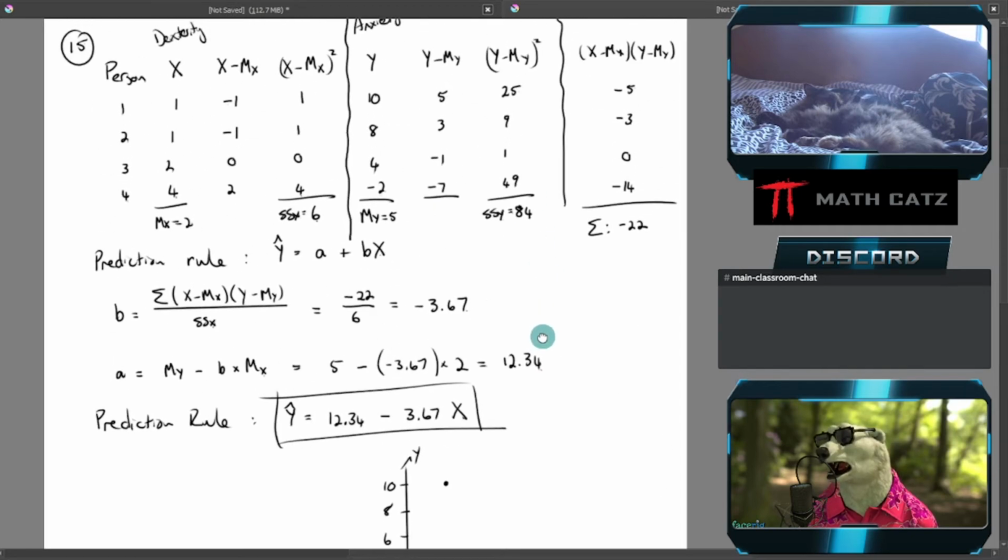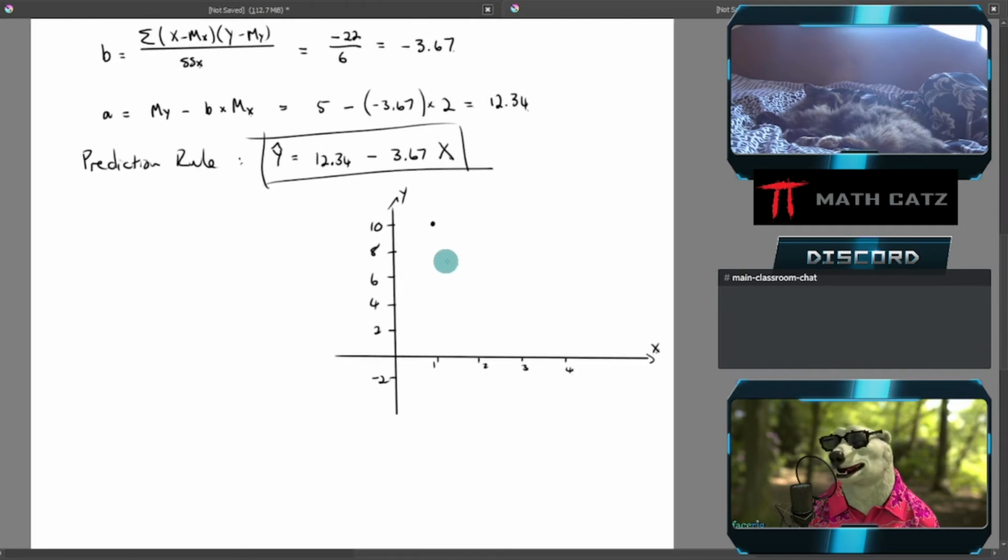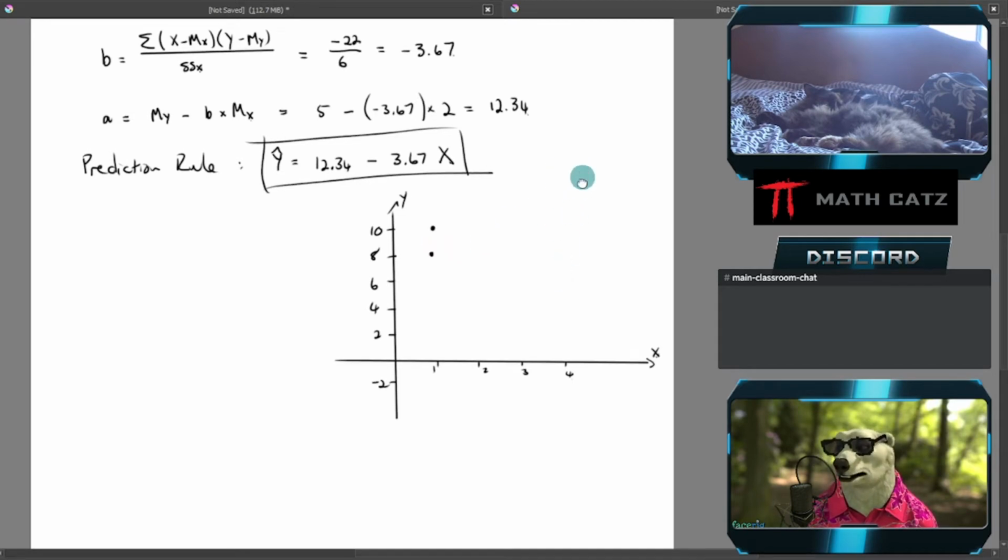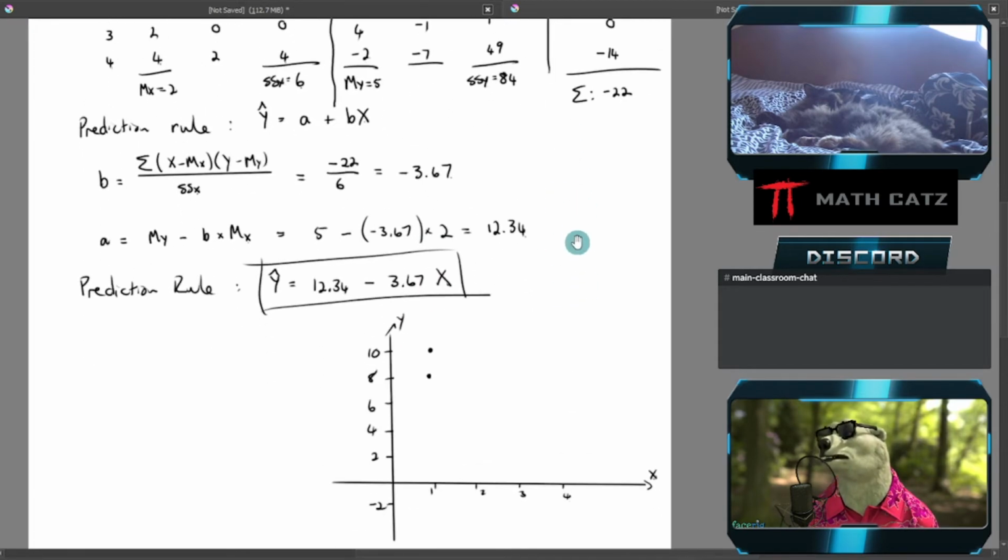Then we had 1, 8. Oopsie. Then we had a 2, 4, and a 4, negative 2. In the previous problem on correlation, we looked at this and said there could be a negative correlation there. We were not sure until we actually tested for significance, but still.